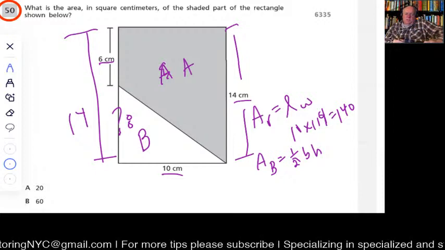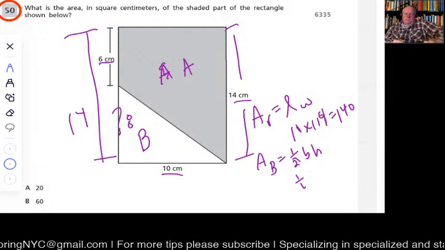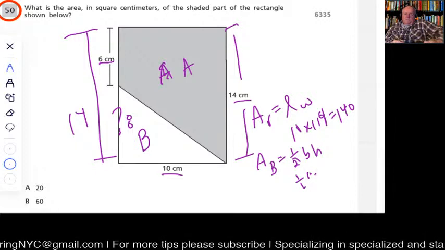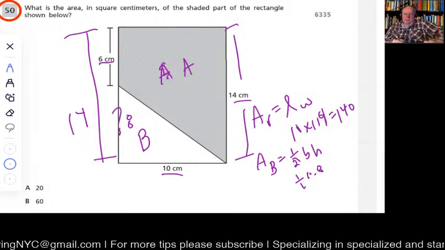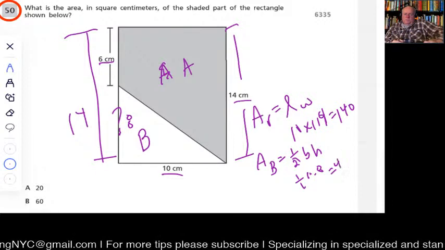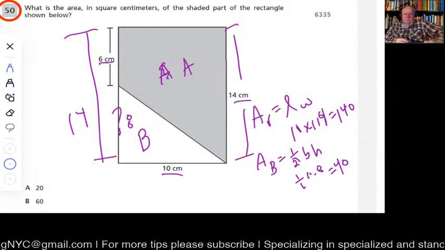So this is going to be 1/2. The base is 10. The height is 8. So we get 80 over 2, and it comes out to be 40. I'm just going to double check I did that right. Yep, the area of that is 40.